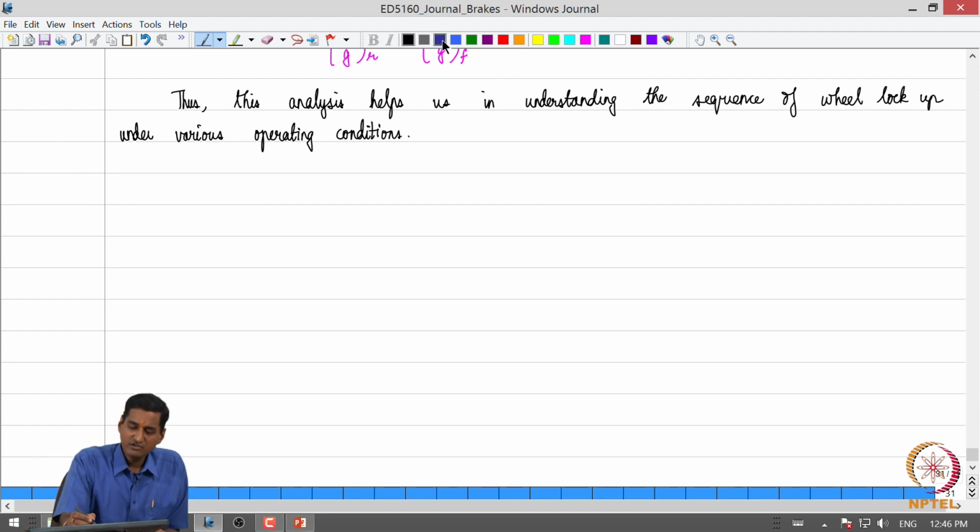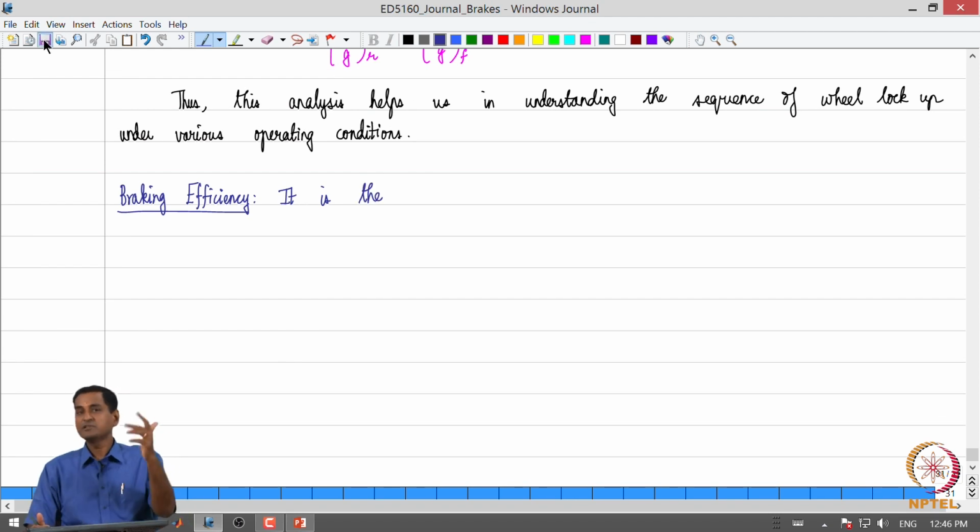Okay. So, from this, one parameter that is defined based on this understanding is what is called braking efficiency. Okay. So, what is the definition of braking efficiency?